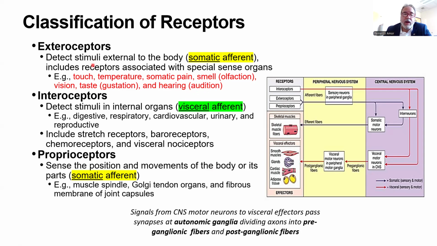So if we look at those receptors, which are located outside of the central nervous system, so they're in the peripheral nervous system, we see them here. And you can see that once a stimulus is picked up, an action potential will be generated.